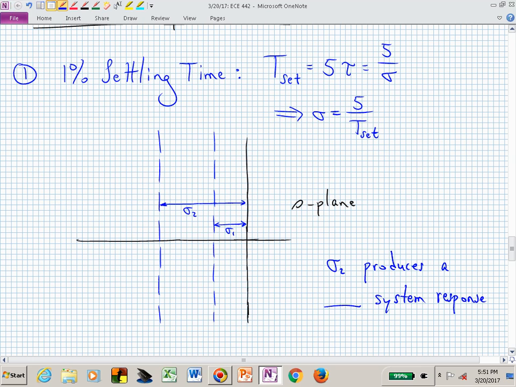If I had dominant poles that had a real part associated with sigma 1, or a real part associated with sigma sub 2, which of those pole pairs gives me a smaller settling time, or a faster settling system? Sigma sub 2 produces a, and here you have two options, slower or faster system response than sigma 1.